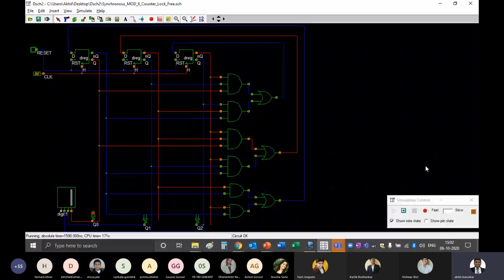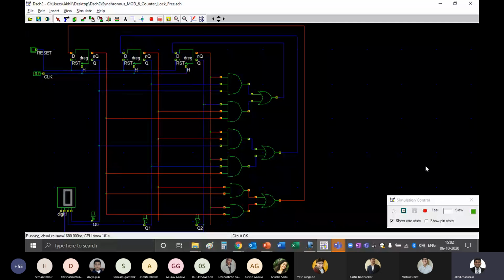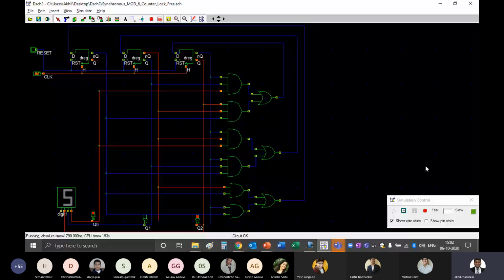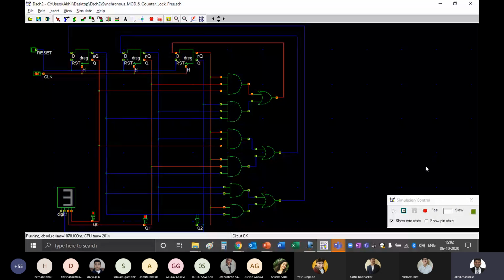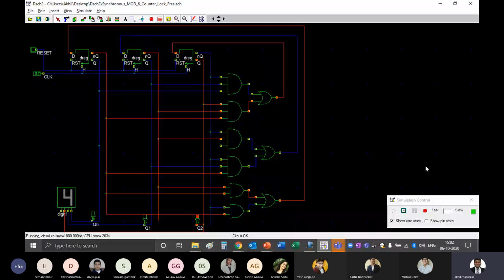Then we have a second approach, that is using an FPGA. You can program this hardware on a field programmable gate array using Verilog or VHDL programming and get the functionality. The advantage here is the FPGA is not only high speed, around 20 times faster than a microprocessor, but it also has many input and output pins. The third approach is using PLC control, that is programmable logic controllers.